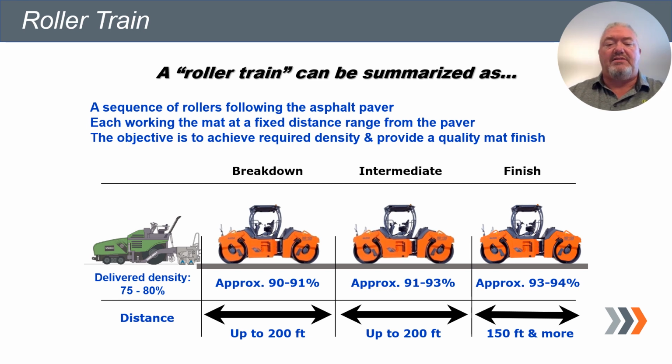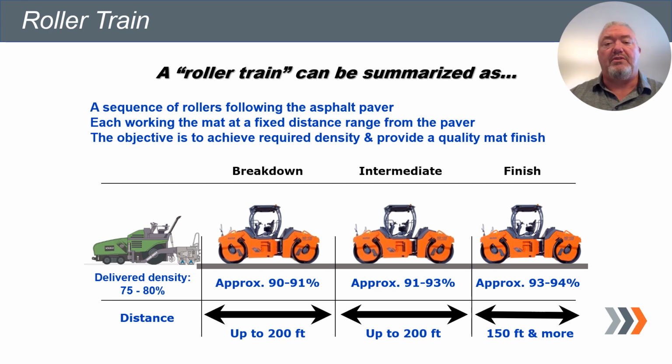Now I've also got distances listed below. And those distances represent the length of each pass of that roller. They will vary depending on the size of the roller, the speed of the paver, the speed of the rollers. But what I want to make sure is that they're not too long and they're not too short. If they're too long, then we're concentrating too much on one side of the road and the other side of the road is going to cool off and we're going to have a hard time getting density.